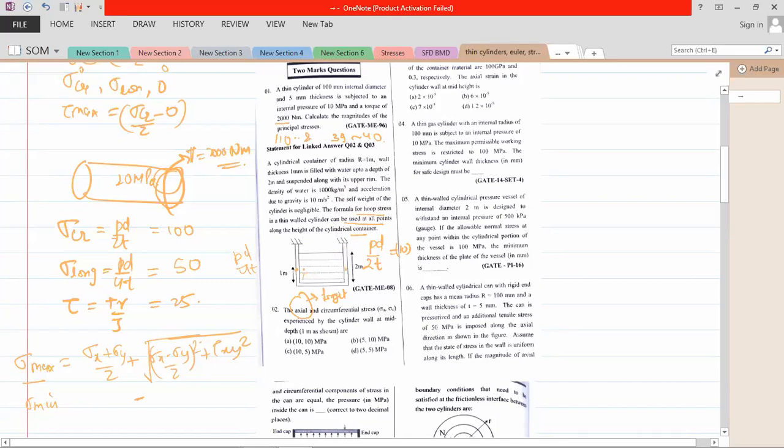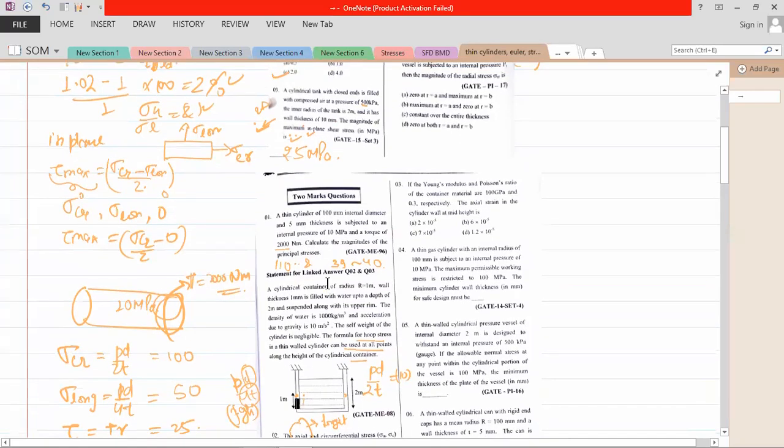Now you don't know the pressure, but pressure can be obtained from rho gh. Multiply it, then with the pressure, you know the diameter, and you divide by 4T, then you can get the longitudinal stress.